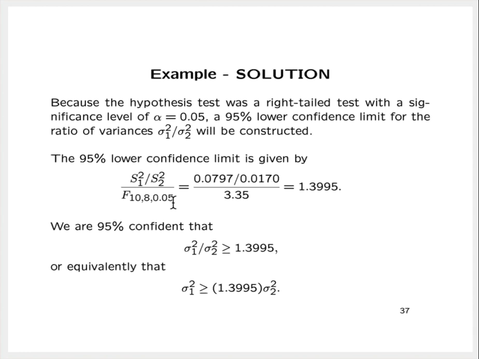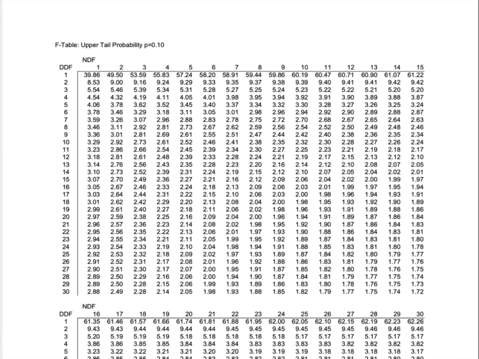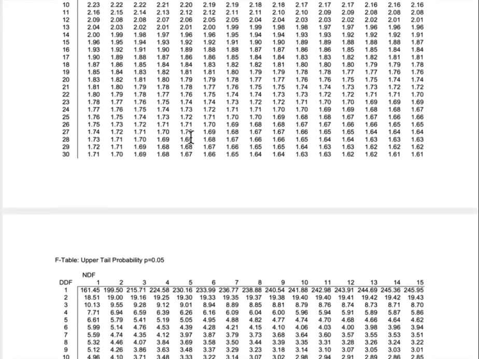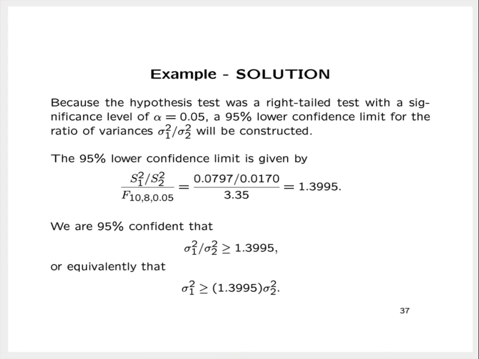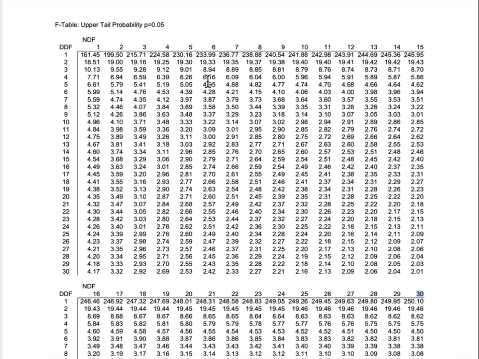And that percentage point, going to the 0.05 table, we've got 10 and 8 degrees of freedom respectively.